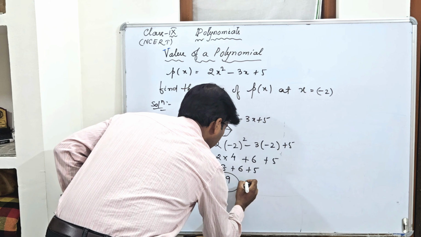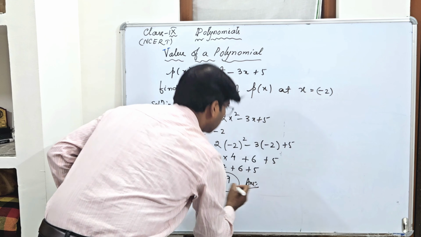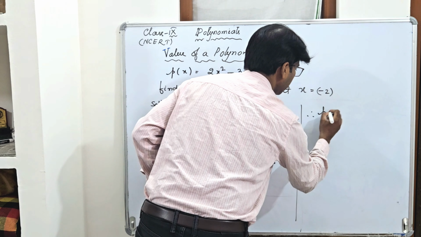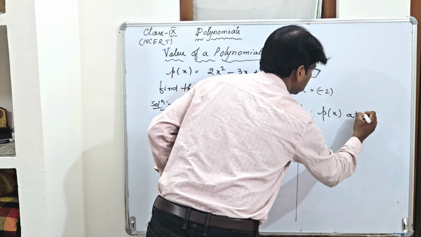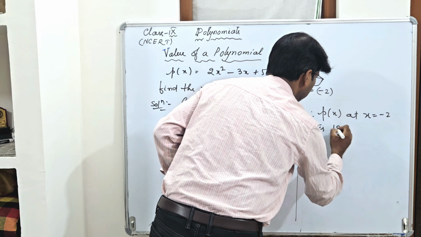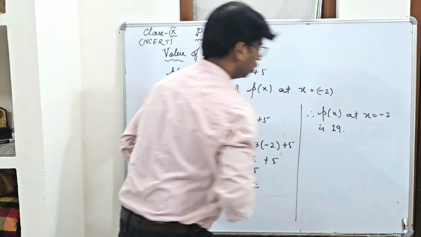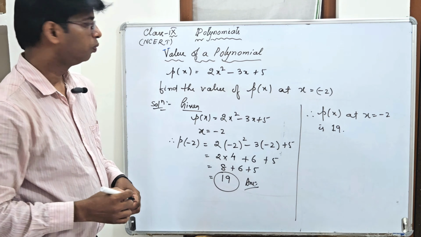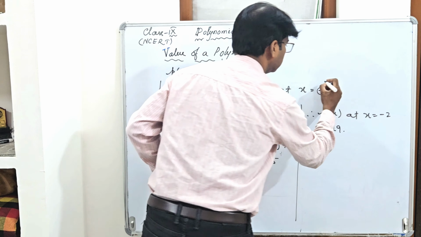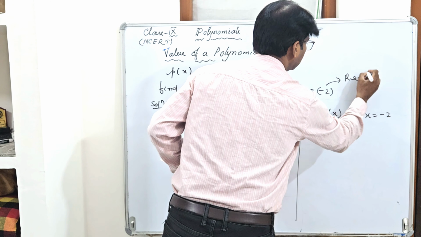So what is its value now? So in the concluding part, what will you write? Therefore, p of x at x is equal to minus 2 is 19. Got to know how to find out the value of the polynomial? That means what we did here, we took any real number, because you see minus 2 is a real number.